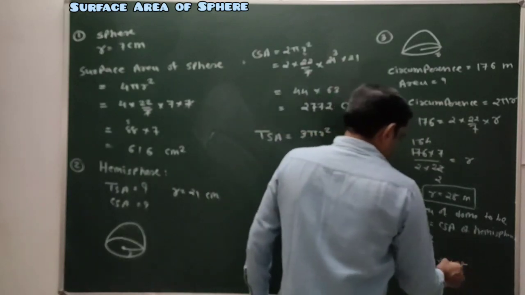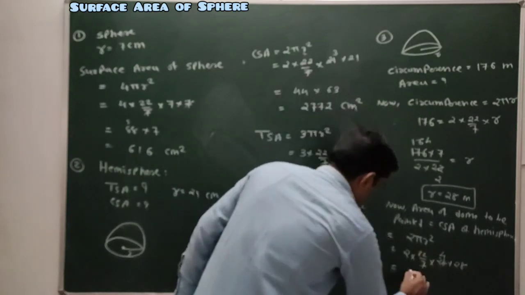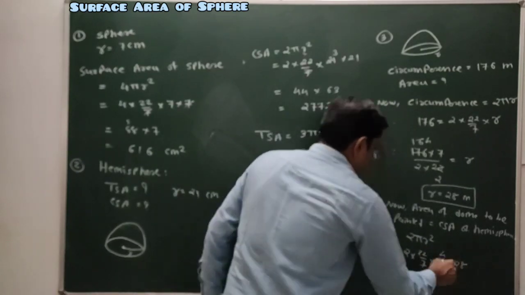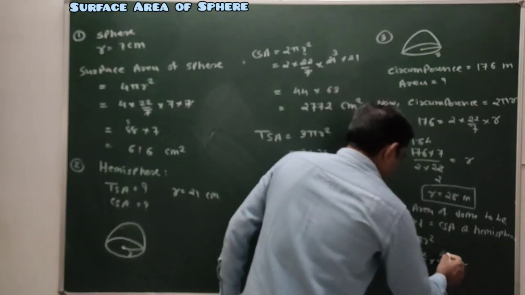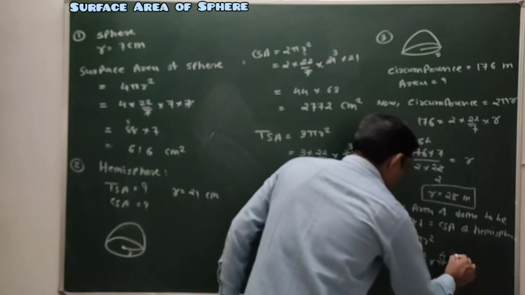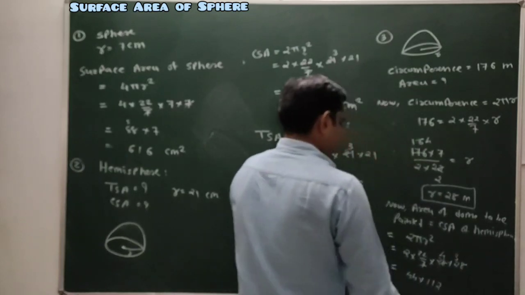Simplification, 7 4s are 28, so it's 22 2s are 44 multiplied by 28 4s are 4 8s are 32, 4 2s are 8 plus 3 is 11, 112.